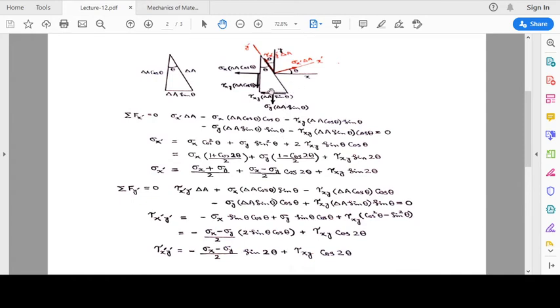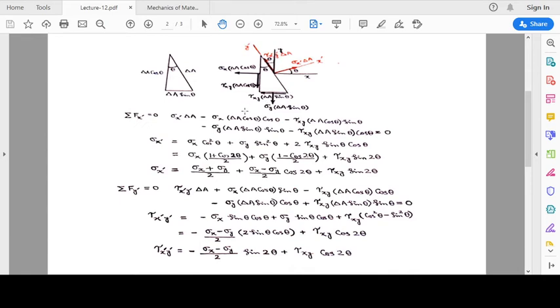And lastly, this last force, minus tau xy into delta A sine theta. It is going to make an angle theta with the x prime direction, and the component is going to be in the negative x prime direction.